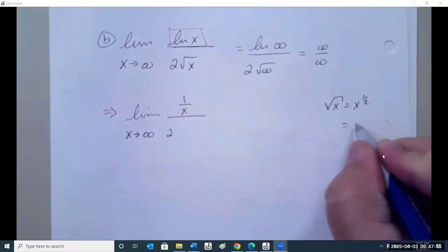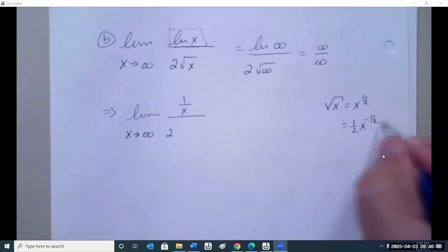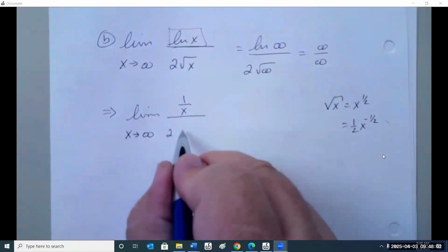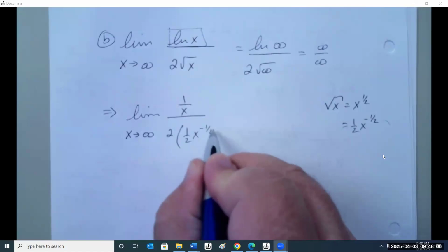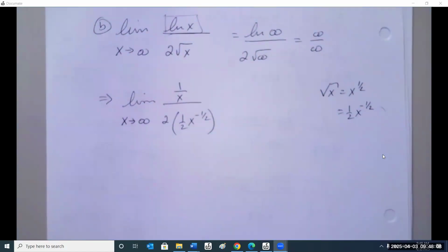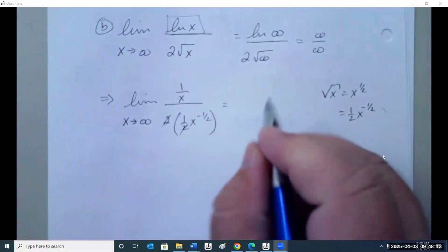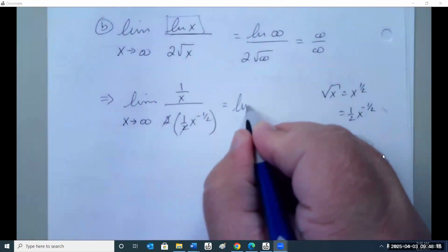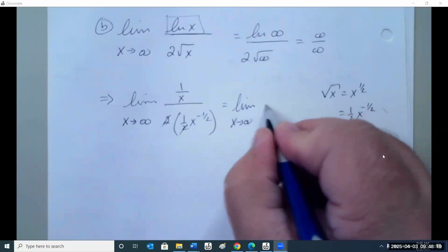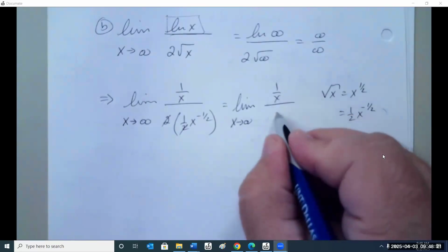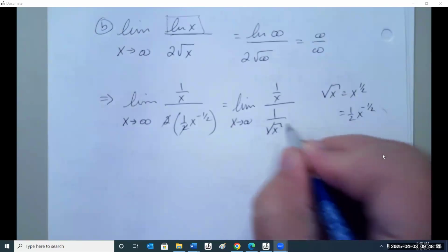So the derivative is 1/2 x to the power negative 1/2. So the 2's cancel. We're left with the limit of 1 over x, and this one is 1 over square root of x.